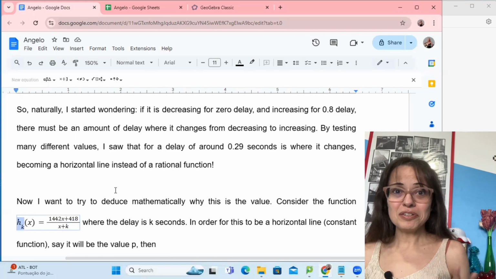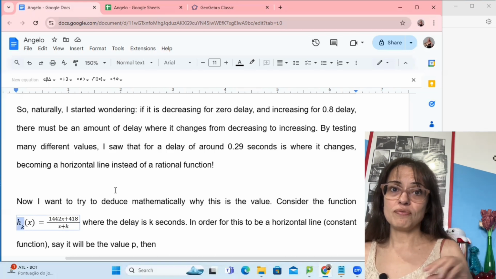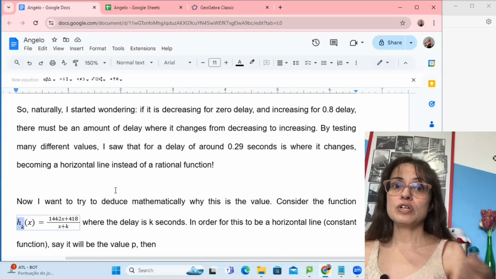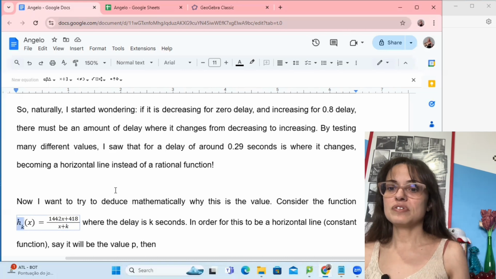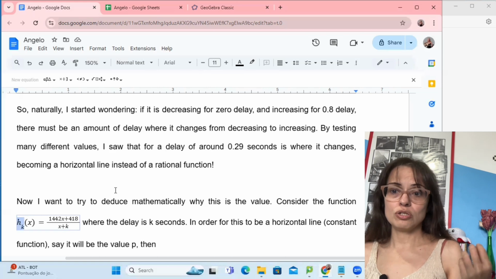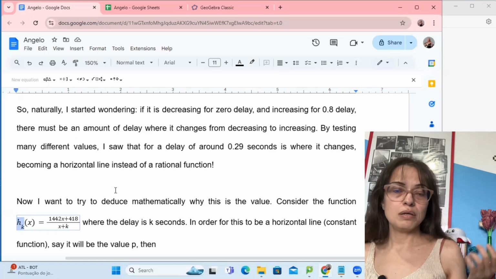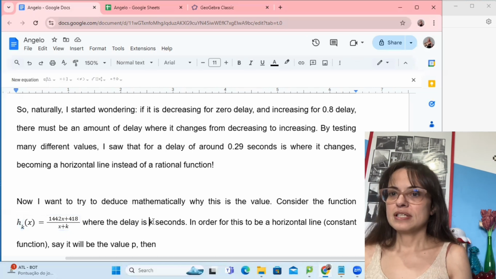This is standard mathematical notation for a family of functions. f was one function, g was one function, but h is not one function. I want h to be a family of functions because I want this freedom to change the parameter, the amount of delay. So a very common way in terms of notation to write that down is to put it as a subscript in the name of the function. Oh, the delay is k seconds.